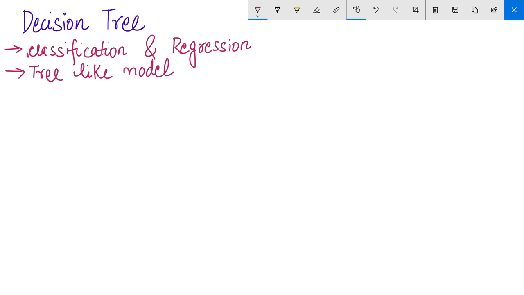Those who are from a data mining background must have a good understanding of decision trees, where they use it to derive a strategy to reach a particular goal: they set a target and use the decision tree concept to reach that target. So it is important in machine learning, and it is widely used in data mining as well.